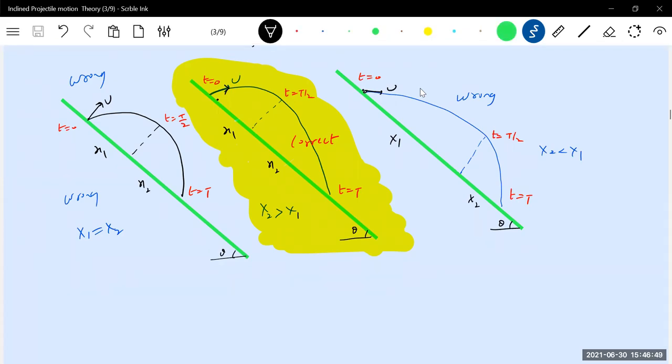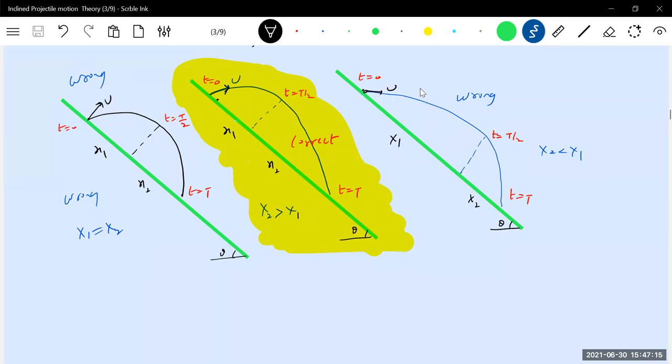Third, there is uniform accelerated motion parallel to the incline. Yes or no? Then, sir, which type of motion will be there perpendicular to the incline? g parallel, g sin theta, will it change? No. Then uniform accelerated motion along the incline.